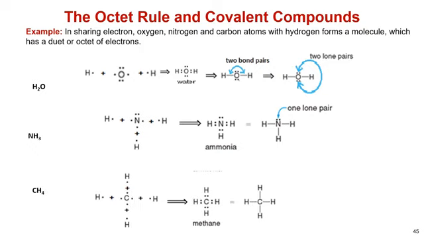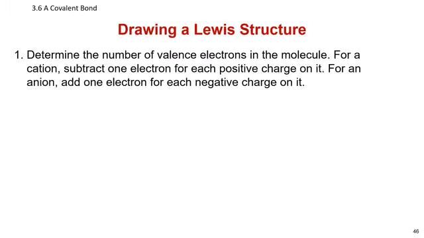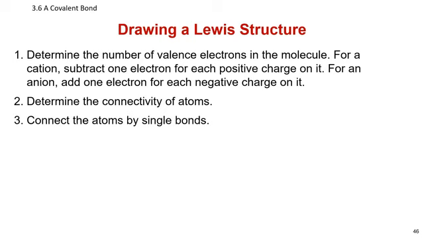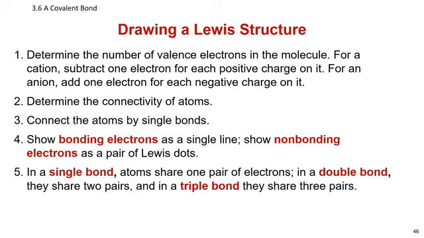Covalent bonds are formed by nonmetals. Pair up electrons to get the octet of electrons for all main groups except hydrogen. You share electrons if the structure doesn't have an octet. Lone pairs, non-bonding electron pairs, could be shared.